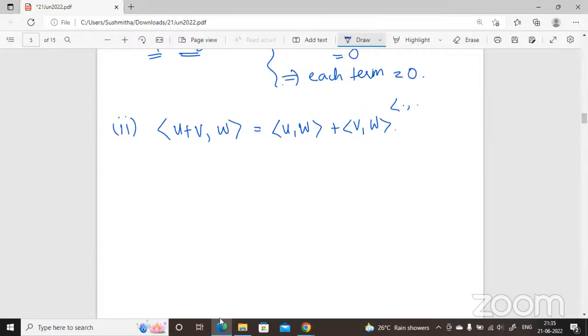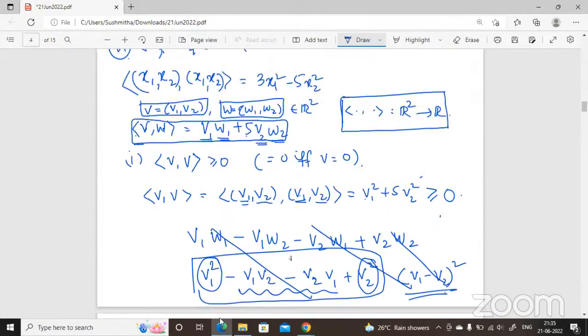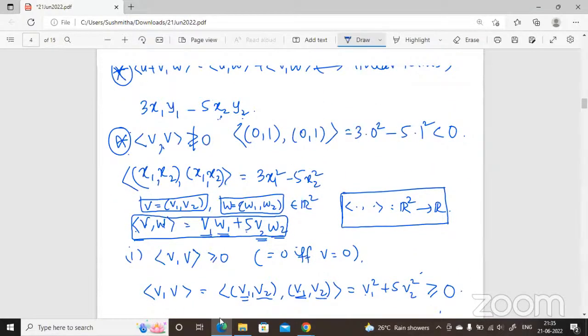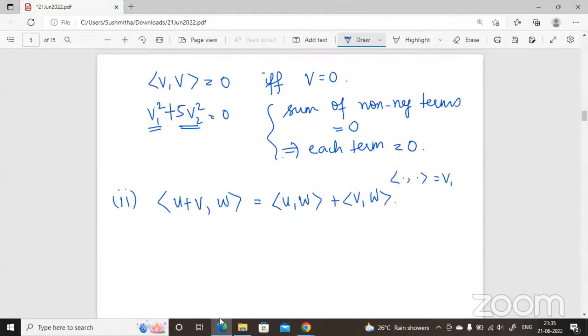Ma'am, that V1 minus V2 that you have written, that was not an inner product, ma'am. Which one? V1 minus V2 whole squared. Ah, no, no. When you have minus, you can make it 0, no? Even when the vector is non-zero. Yes, yes. So that's not an inner product, right?